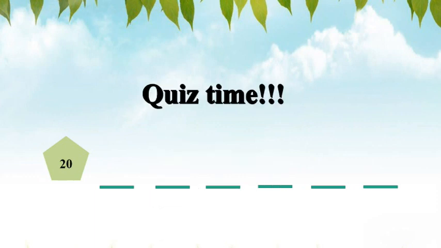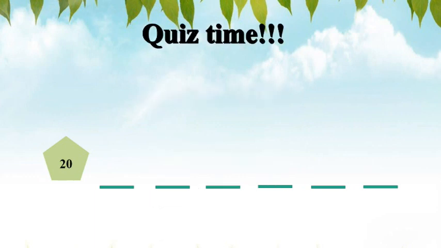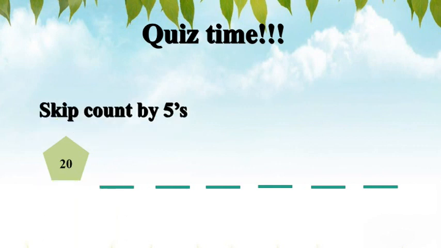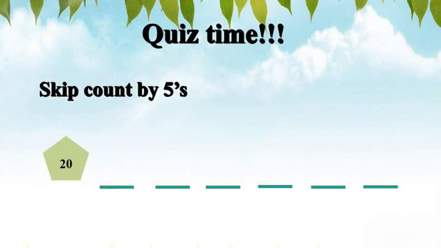Okay, before starting today's lesson, here is a quiz. You have to skip count by fives and complete the missing numbers. Are you all ready? I will give you 15 seconds. Okay, start.